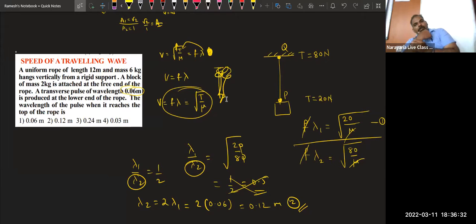Two by 8 means 1 by 4. Under root means what? 1 by 2. Clear, everyone? Yes, sir.